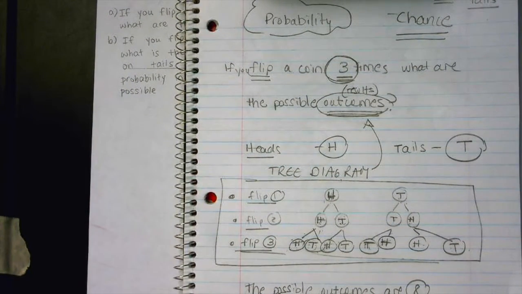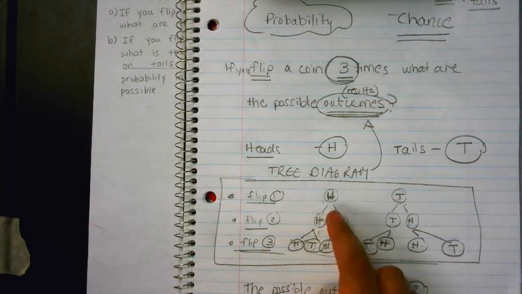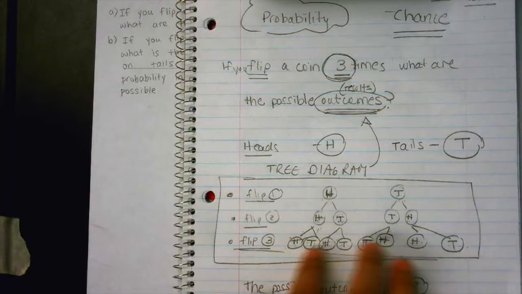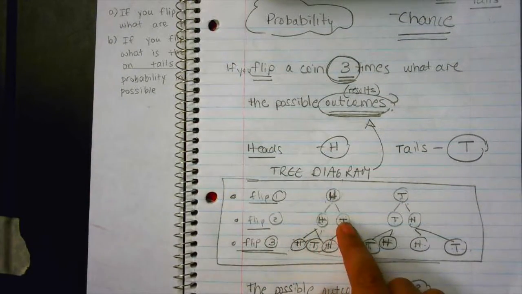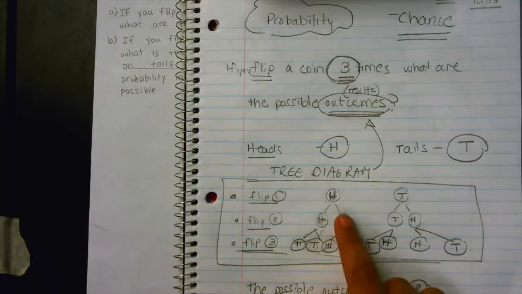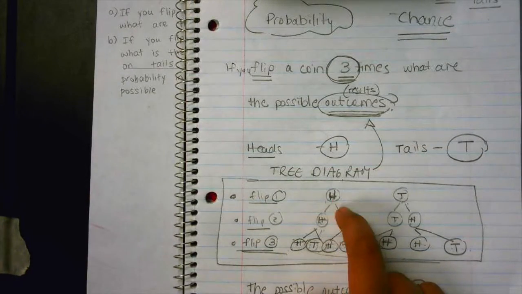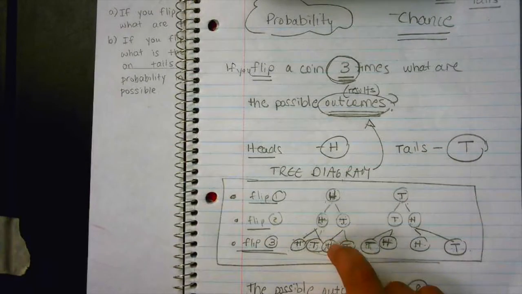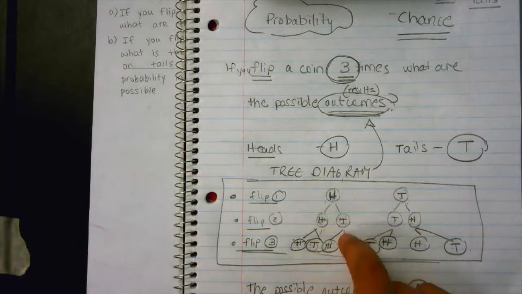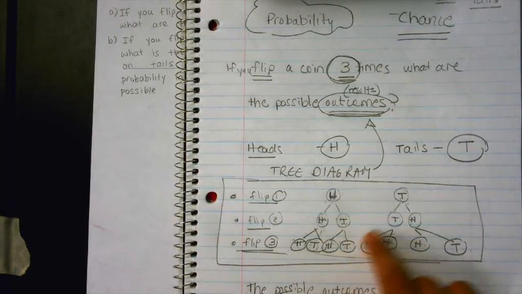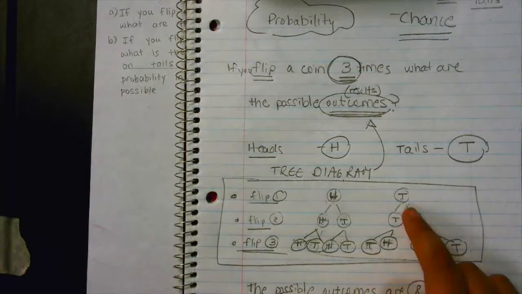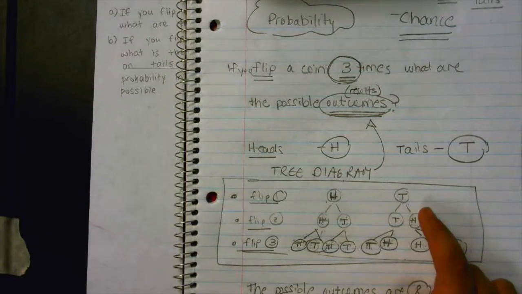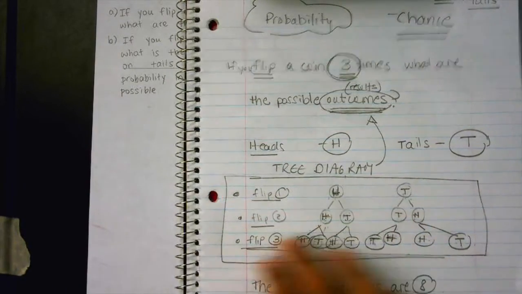Here's a tree diagram. This is heads, tails, and then this is a head, tail, head, and then this is a head, tail, head. This is the head, tail, tail. This is the tail, head. This is a tail, head, and this is a tree.